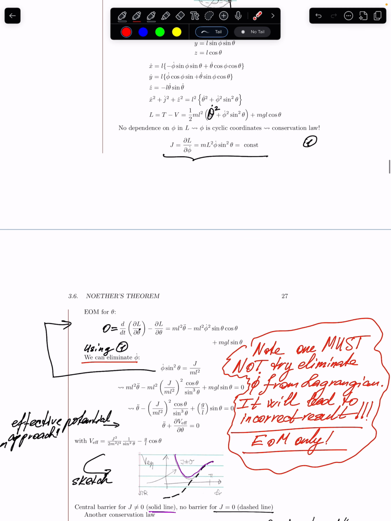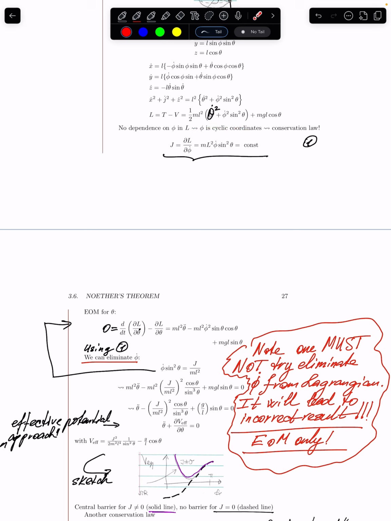Moving on. One important note here is the following: you should not try to substitute equation 1 into the Lagrangian, ever. You cannot do it. First, you have to vary with respect to the variables, in this case theta, and only after that can you use the conservation laws.